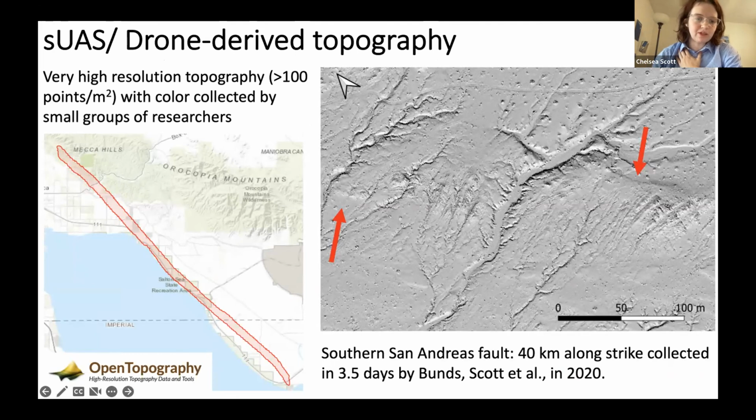For example, this data set here along the southern San Andreas fault. For this data set, Mike Bunz and I collected this in about 3.5 days, 40 kilometers along, just before the pandemic. And so here's what this type of data looks like. Pay attention to the scale bar. This is just 100 meters. And we can see very nicely the fault scarp produced by the southern San Andreas fault.